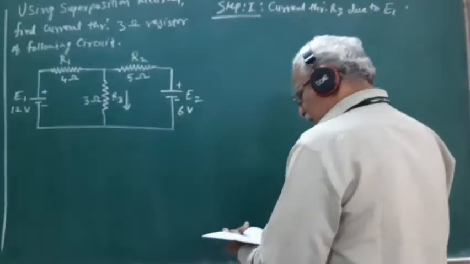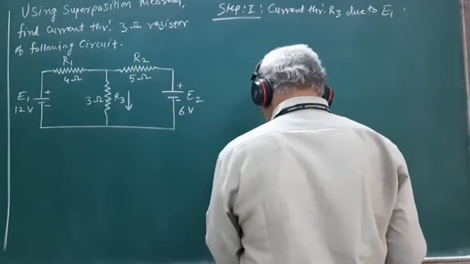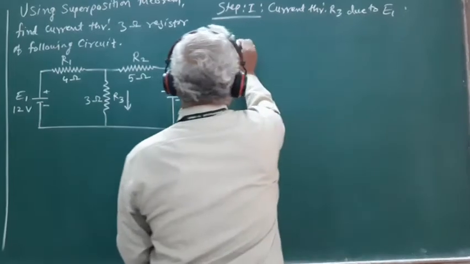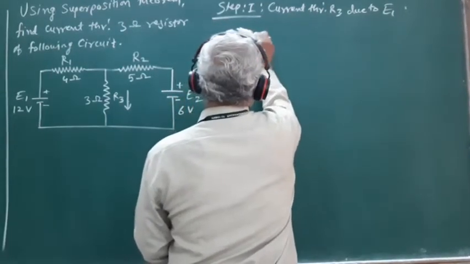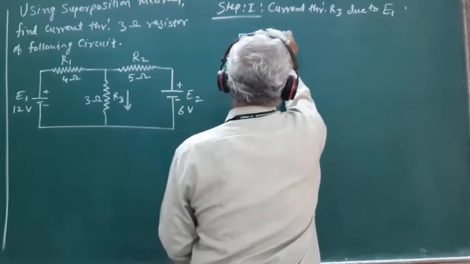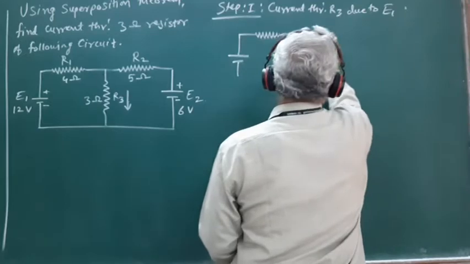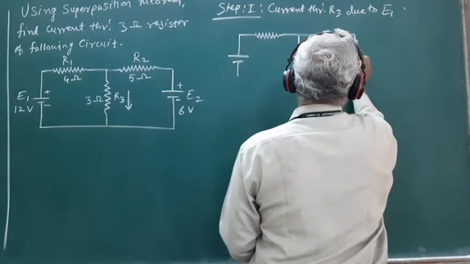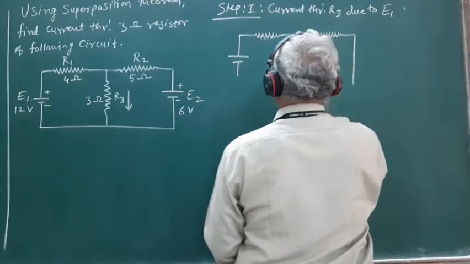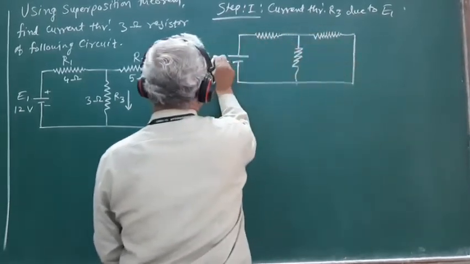So by removing the source of EMF E2 for its EMF in the circuit, the network will reduce to this form. This is R1, this is R2, this is R3. The second source is to be killed for its EMF, retaining its internal resistance in the circuit.